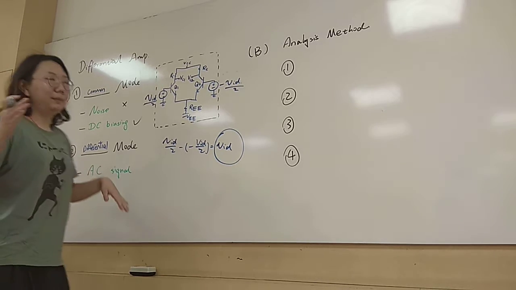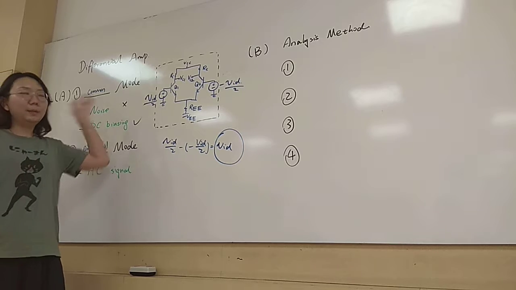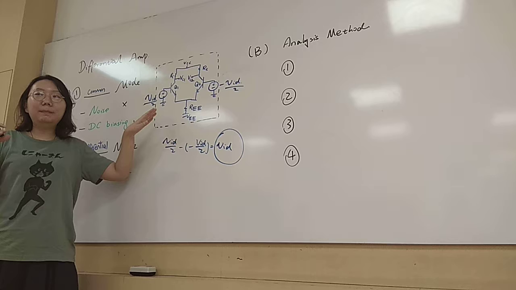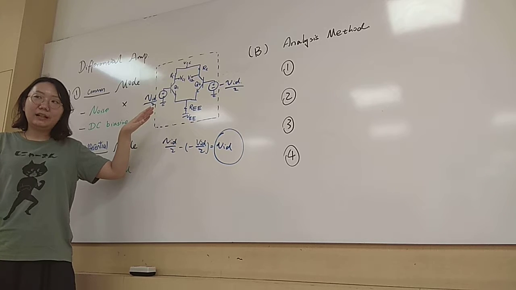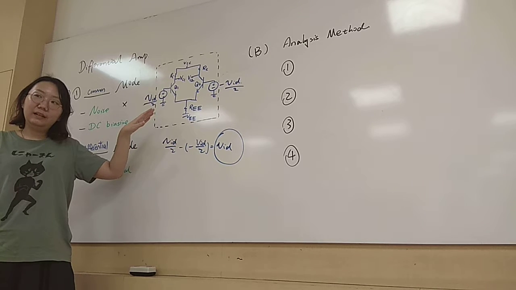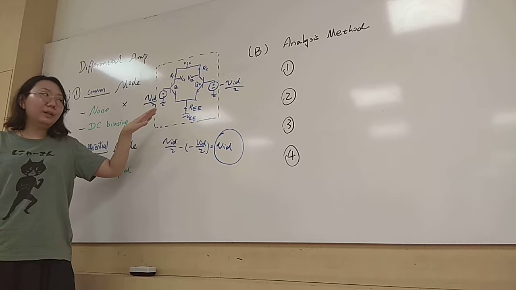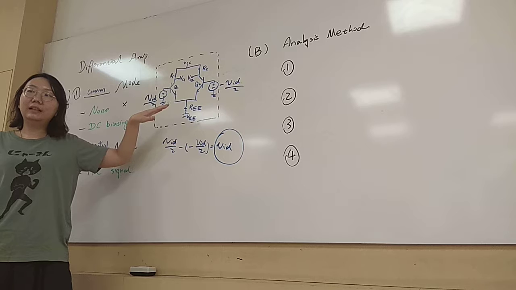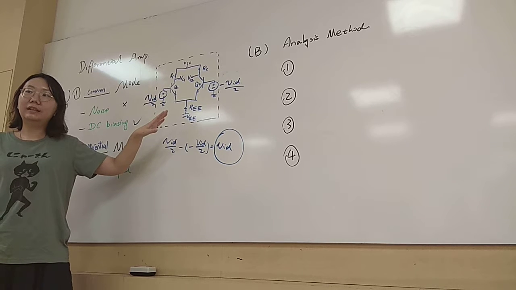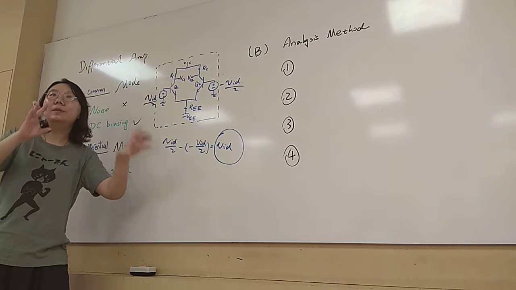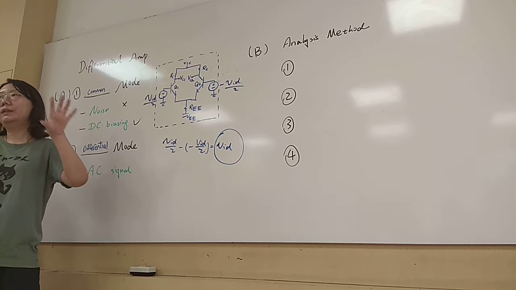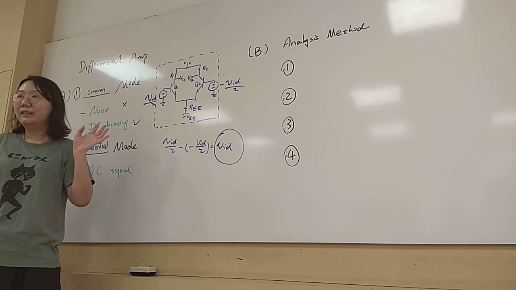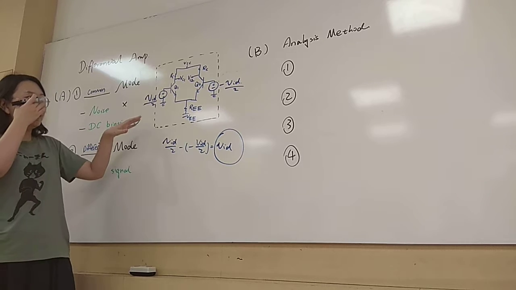So if you remember what we talked about previously, the circuit seen by your AC and DC, they're actually different, right? Your DC circuit is like this, but for your AC, you will see another way, right? Your common mode signal and differential mode signal also behave similarly.